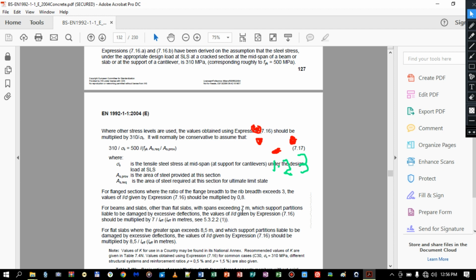But in our case, our span was 5 meters, therefore this factor automatically becomes 1, or it's ignored. So back to our flange section factor.